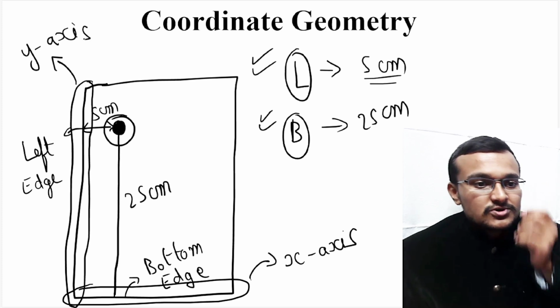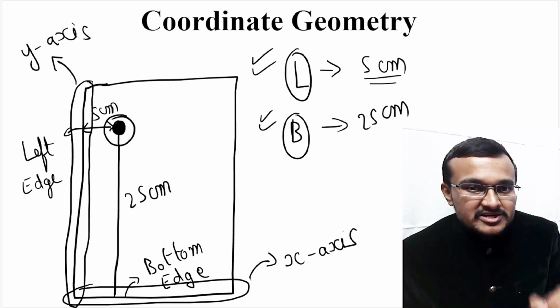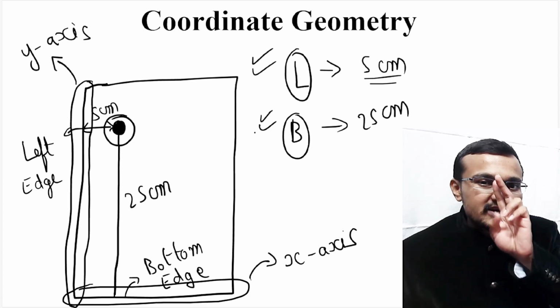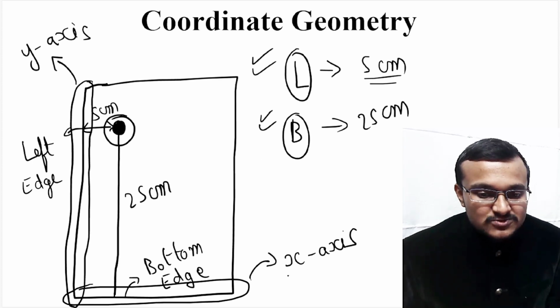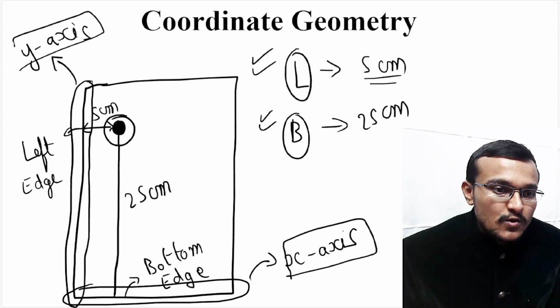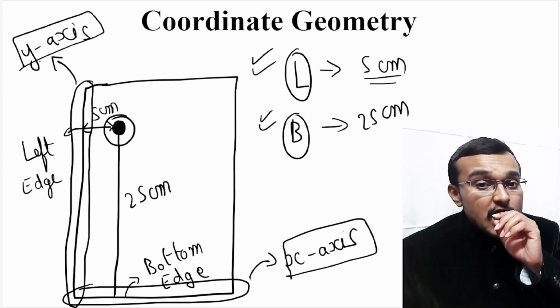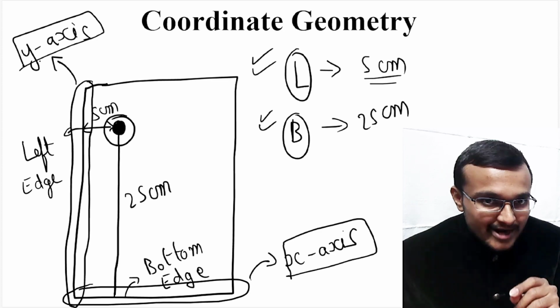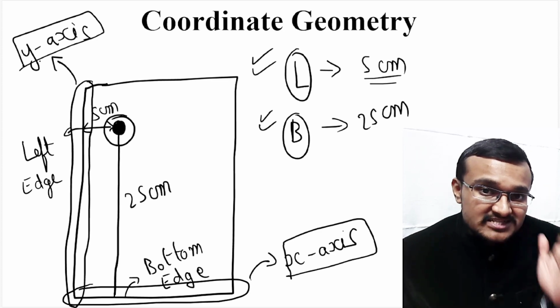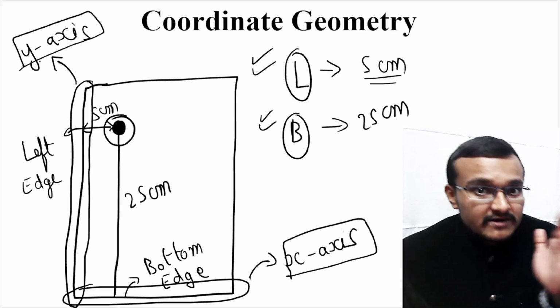That's it. So in order to locate a particular point on a two-dimensional plane, you want two pieces of information: the x-axis information and the y-axis information. That is how far this particular point is from the x-axis and how far it is from the y-axis.